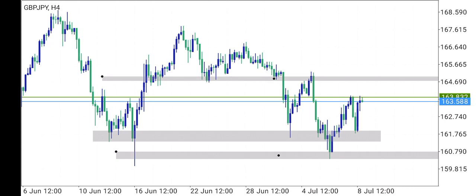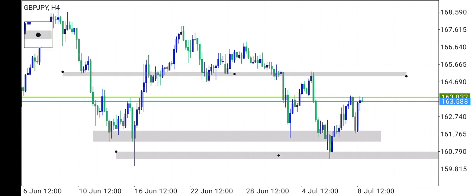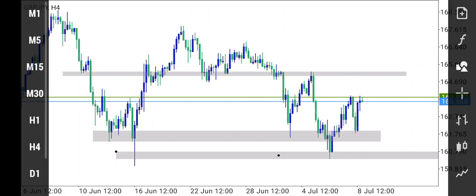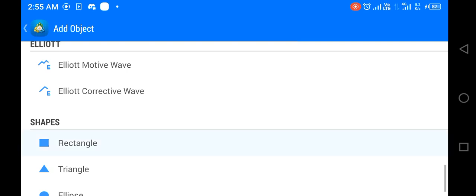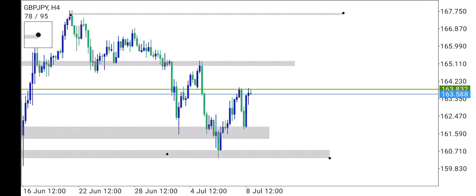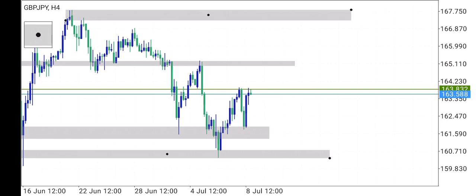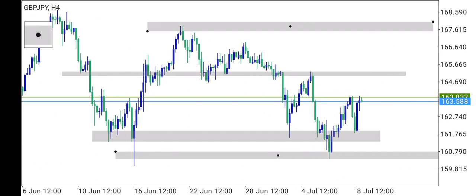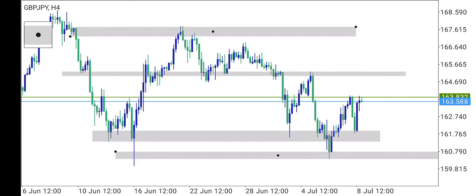When price comes there, okay, let me mark out the supply. We mark out the supply zones. You must not mark everything.